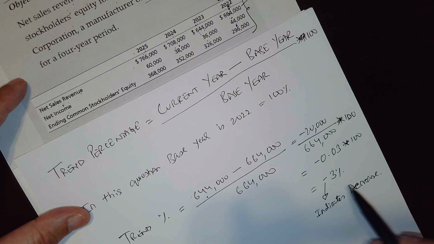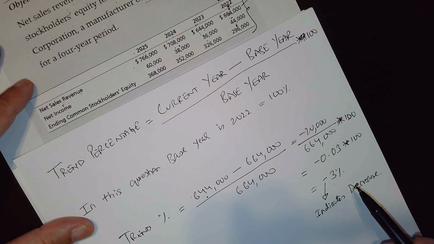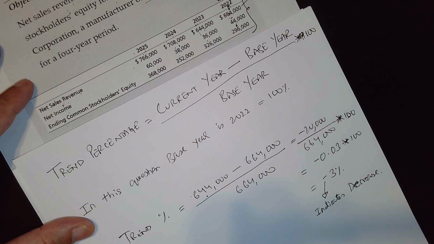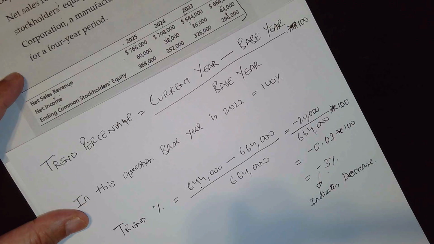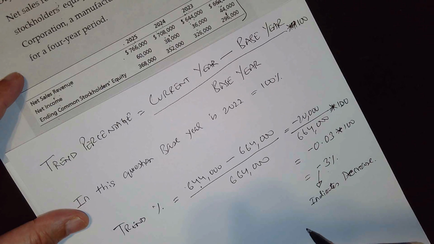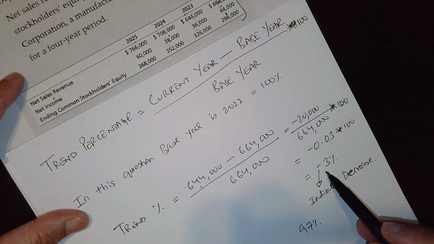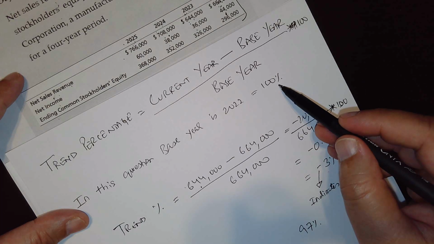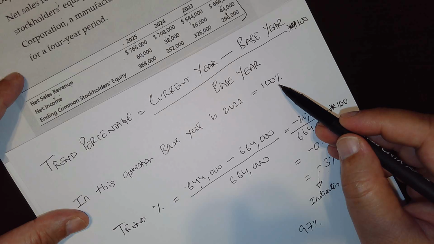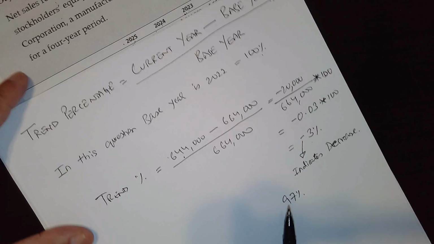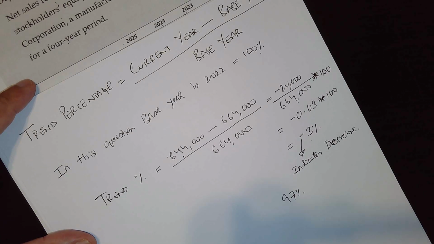So either we say it's a negative 3%, or, as we conventionally write in trend analysis, 97%. The trend percent is 97% because there is a 3% decrease from the 100% we have in 2022.